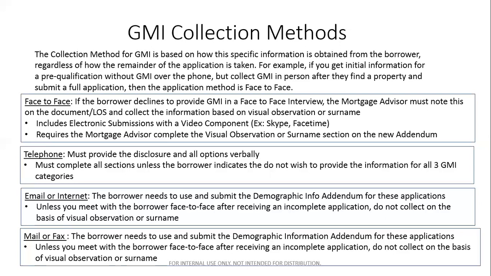So we need to make sure we provide those addendums specifically when the borrower is mailing or faxing their application information. Again, unless you meet with the borrower face-to-face after receiving an incomplete application, we don't collect on the basis of visual observation or surname again.